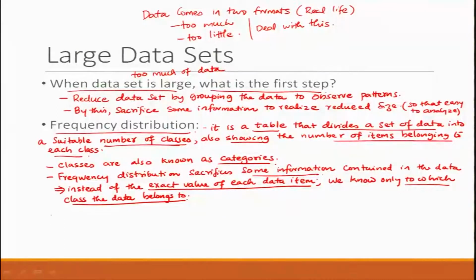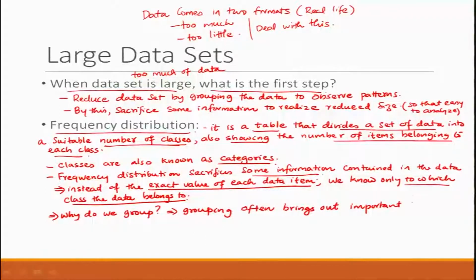So, why do we group into categories? Because grouping often brings out important features or patterns in the data.